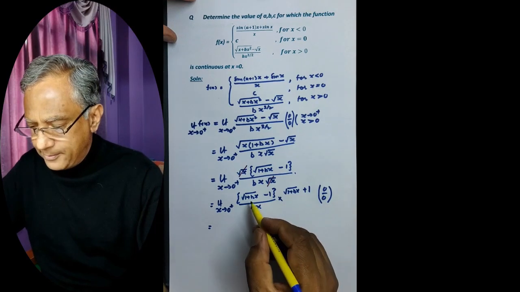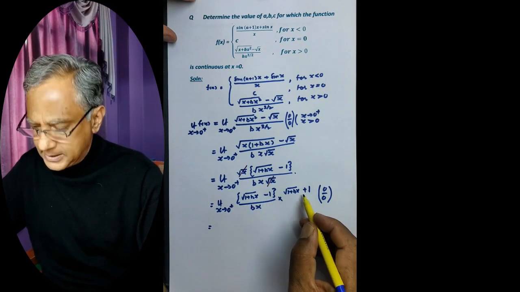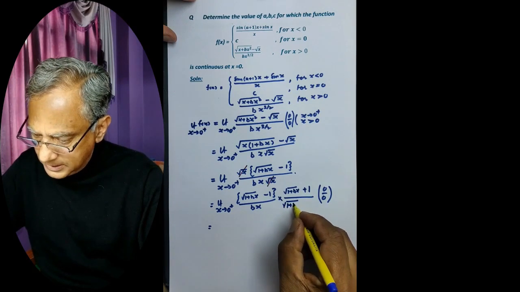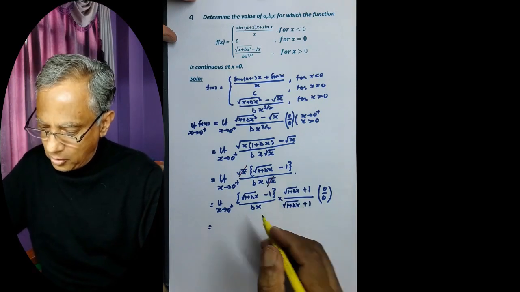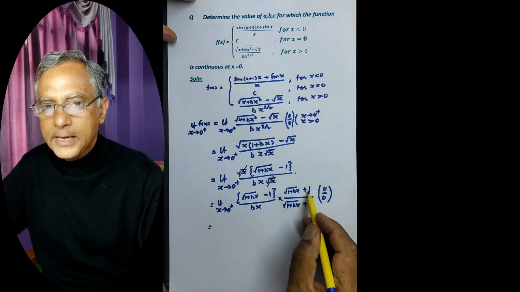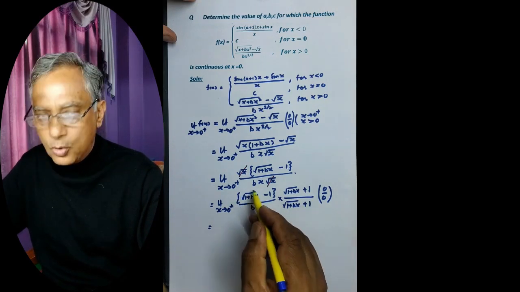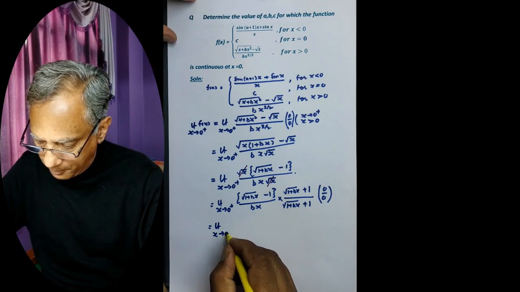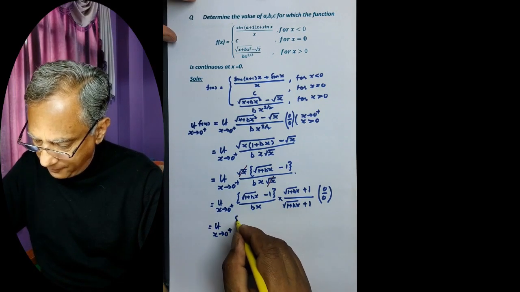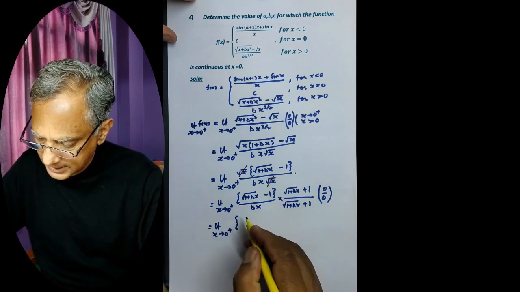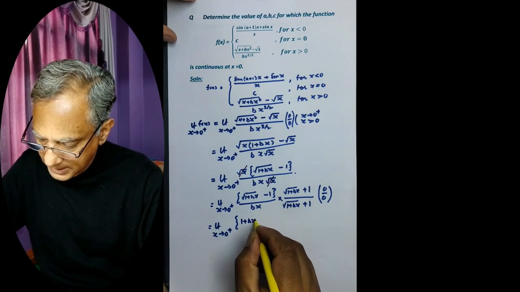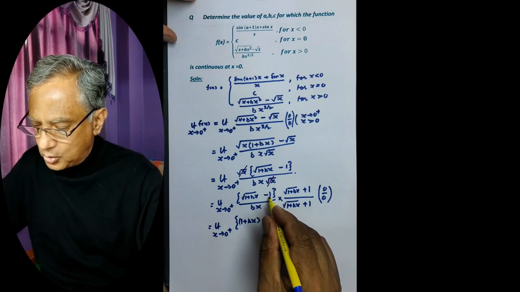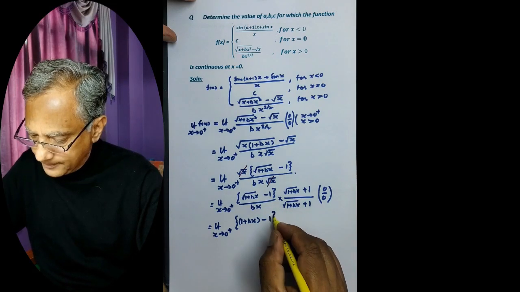This is a minus b, we multiply by a plus b and divide by under root 1 plus bx plus 1. Now a minus b into a plus b is a square minus b square, so this root will be removed. Limit x approaches 0 from the positive side, we will have, now square of this is 1 plus bx, minus 1 square, which is 1.